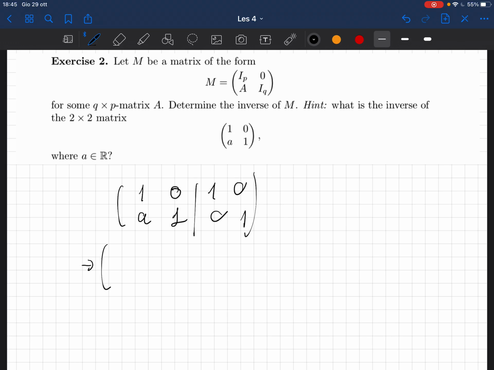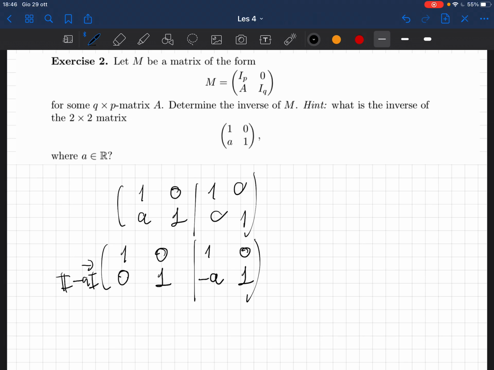So just replace the second row by this minus A times the first. It's perfectly okay. And here we get the 0. This here, it's the same. This is 1, and here you have minus A and 1.